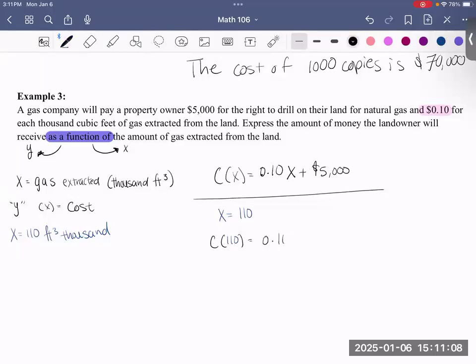We have 0.10 because it's a nice number with the pen. We should have 501. So it says the cost of gas extracted for 110,000 cubic feet is $5,011. So that's what that value is right here. Again, that's kind of just been tacked on. I just wanted us to express the amount of money. So here you go. But in case you needed to do something extra.